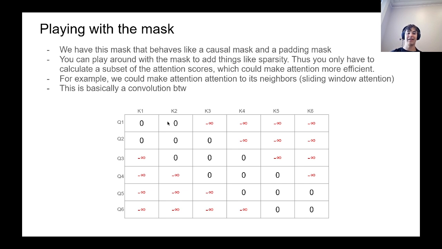So what if we define a sliding window of size 3? A sliding window of size 3 is saying the token previous can send me information, and the token after can send me information, but no other tokens can send me information. Those are negative infinity. So you can see here, if we take Q3, which remember was sat, it can take information from cat, and it can take information from on, and it can take information from itself, but nothing else.